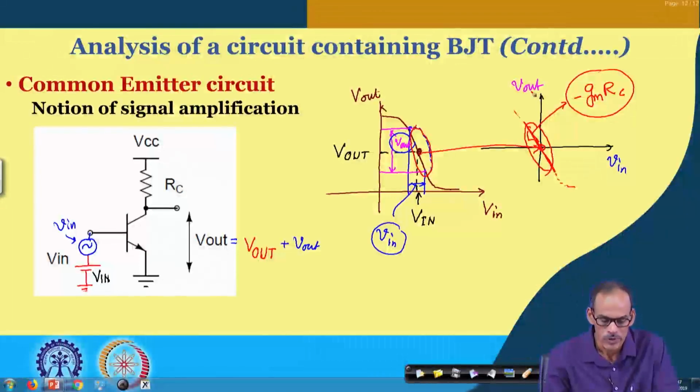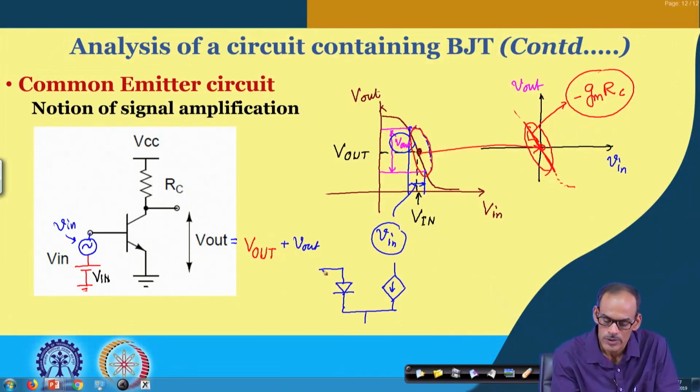simpler, which means that if we draw the corresponding equivalent circuit, instead of seeing the device large signal wise, we do have this model of the BJT. So, this is the base terminal, and this is the emitter terminal, and this is the collector terminal.